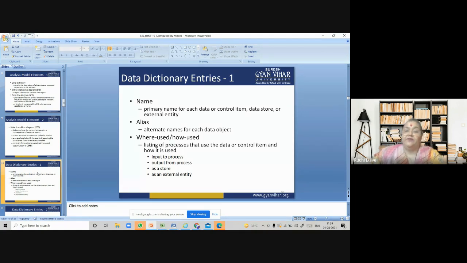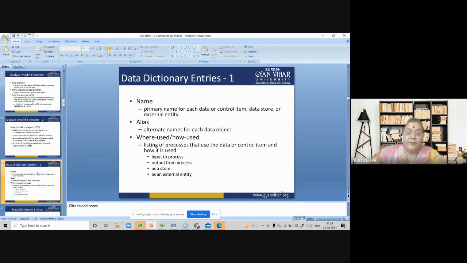Then we write the alias. Alias means alternate names for each data object. We write down alternate names for each data object. Next, we write down where used and how it is being used. So in the data dictionary, we will be listing the processes that use the data or the control item. And we will also be writing how these things are being used.